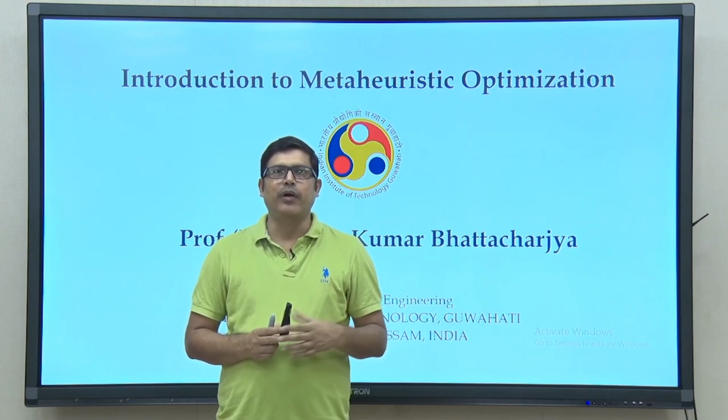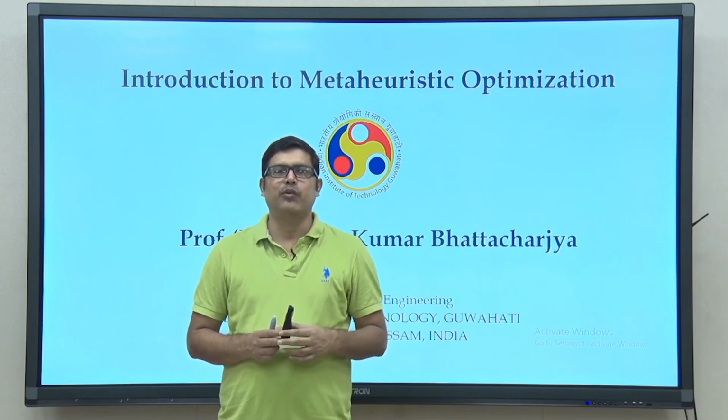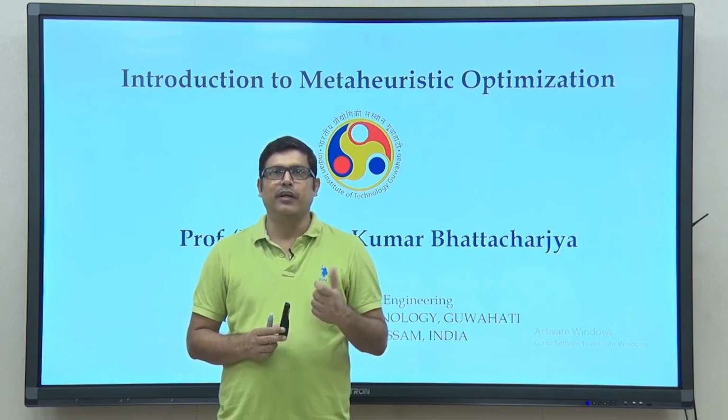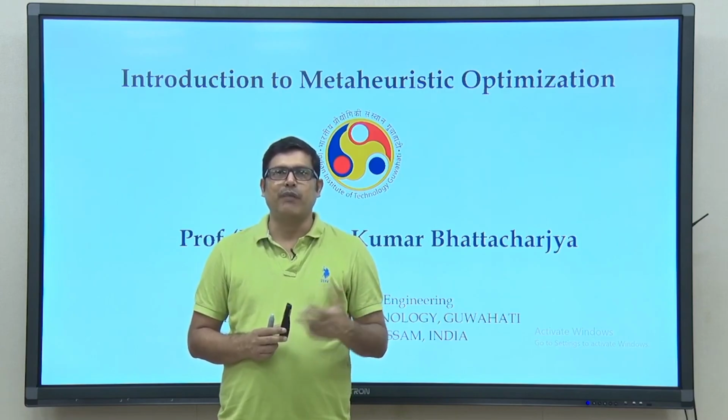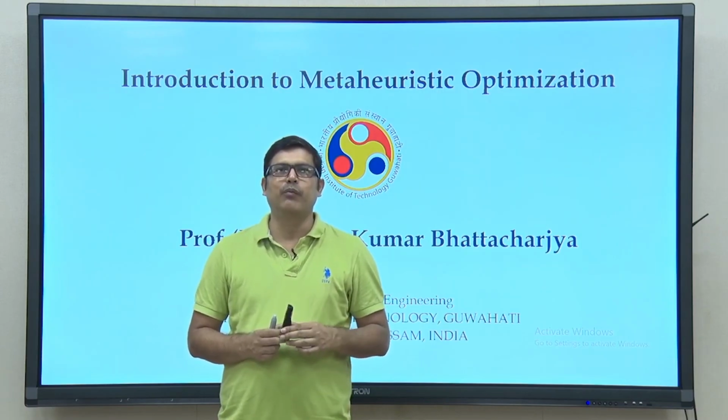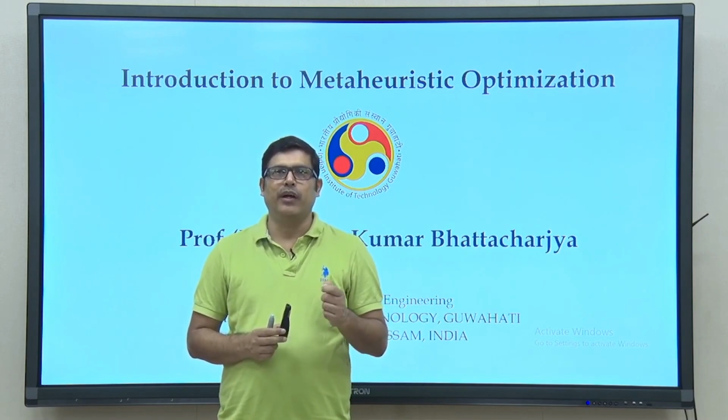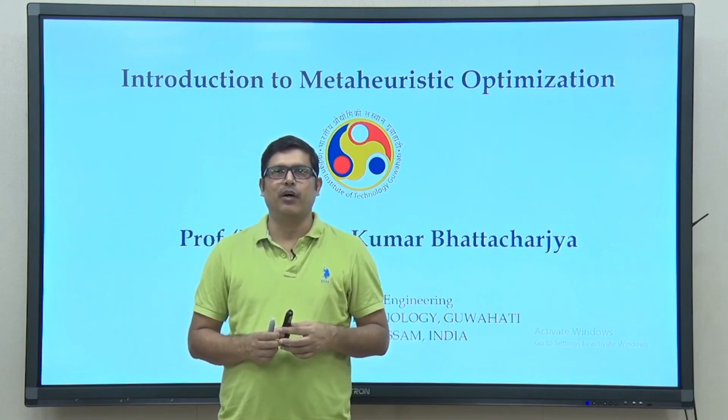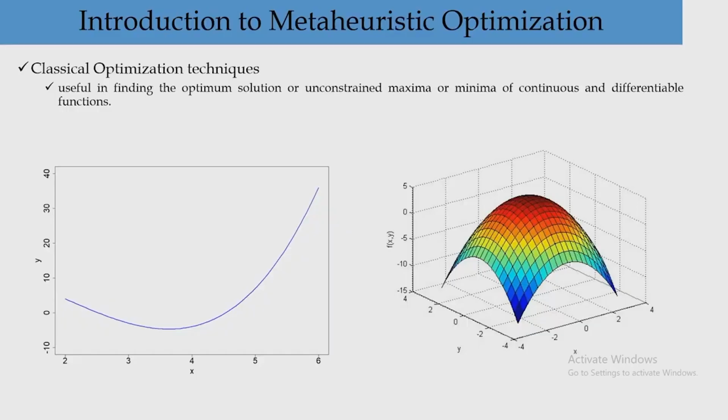So, let us initially look at the disadvantages of classical optimization methods or techniques, and then I will discuss meta-heuristic optimization techniques, which are capable of finding the global optimal solution of a non-convex problem or a difficult problem. Let us see the difficulties, or you can say disadvantages, of classical optimization methods.